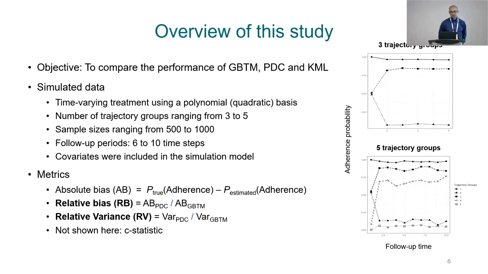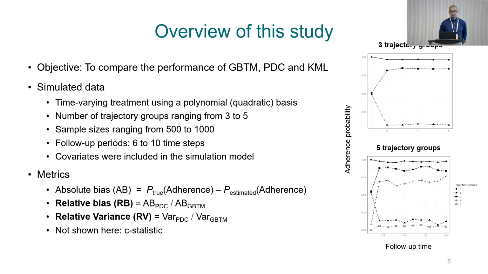So the relative bias, for example, for the PDC versus the GBTM would just be the ratio of their absolute biases. And so if the relative bias is equal to 1, then essentially the GBTM and the PDC perform equally well. They have the same amount of bias. If it's less than 1, then the denominator is larger, so you have the GBTM having a greater amount of bias than the PDC, and vice versa.